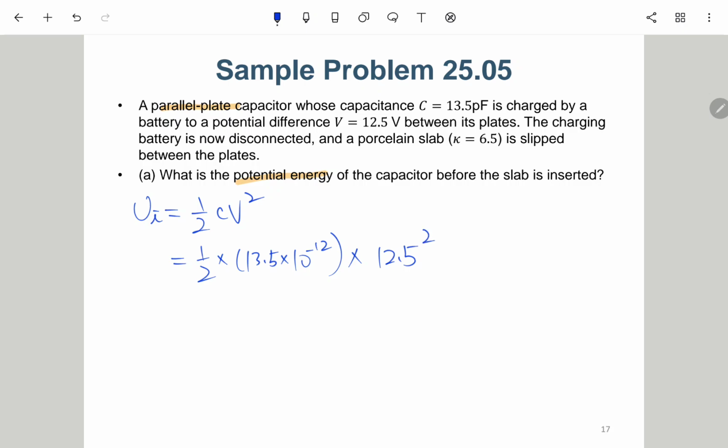Okay, the potential energy is 1/2 CV squared, and actually we have already got the C and the V. Okay, so we can plug in all the numbers here. So it is 1.055 times 10 to negative 9 joule. Okay, so this is the potential energy before the slab is inserted.